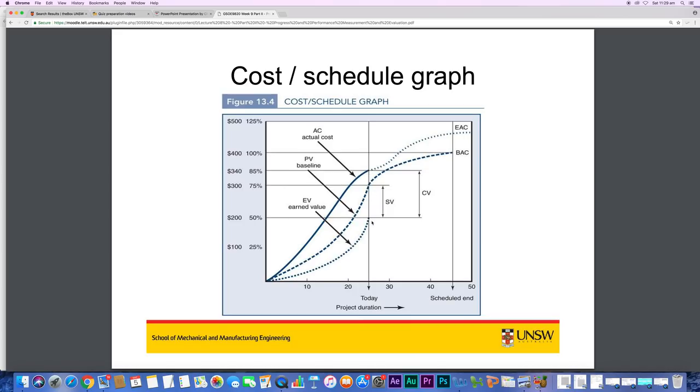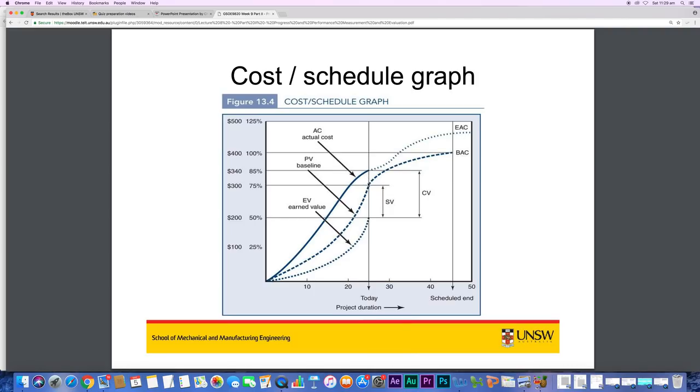Sorry, I didn't show the earned value here. The bottom line, this dotted line at the bottom, is our earned value. This is our point of time. So firstly, cost variance is earned value minus actual cost. It's going to be negative because actual cost is higher than our earned value.